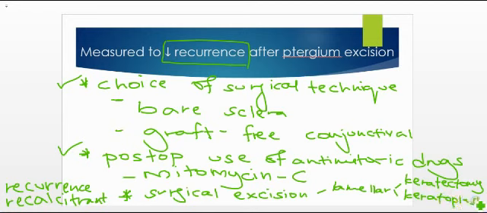Clear? Now there are older methods, such as post-op use of beta irradiation or Mac-Reynolds operation. Not performed nowadays, I'm not going to write that down. These are older methods. You can note it down if you want, but not so important.